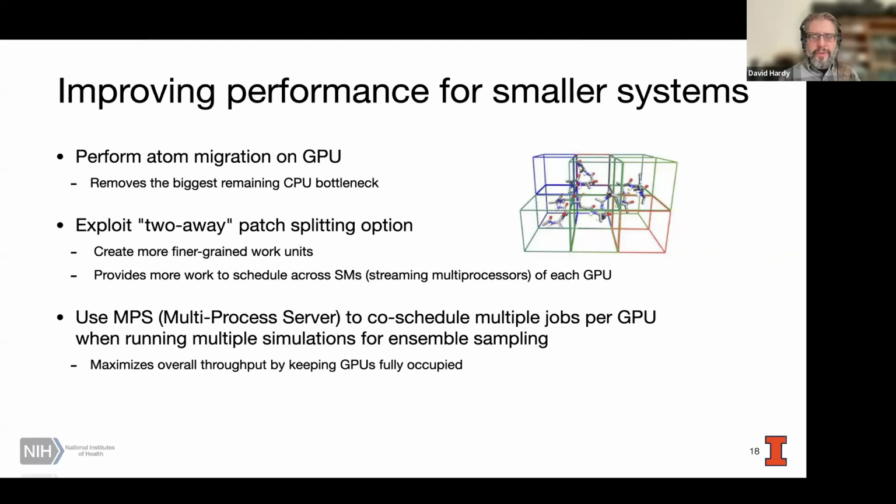And then finally, once we get small systems running at very high performance, we can actually co-schedule multiple jobs per GPU. That's a way of maximizing the overall throughput by keeping the GPU fully occupied for some ensemble of simulations that you're running.